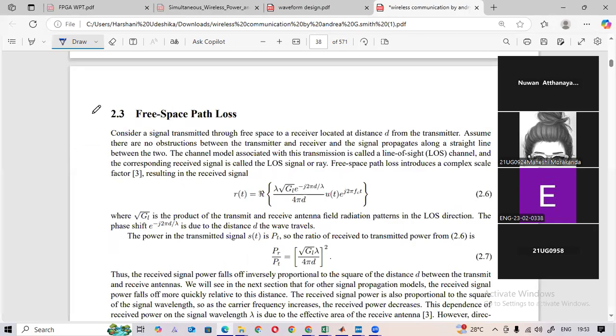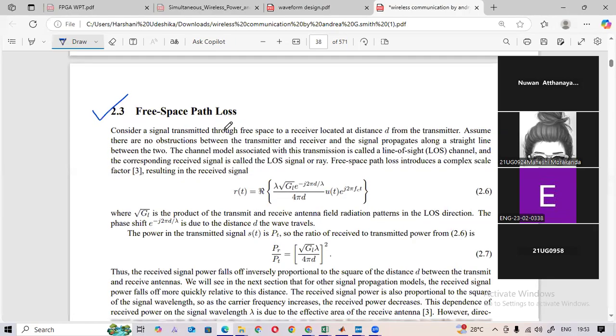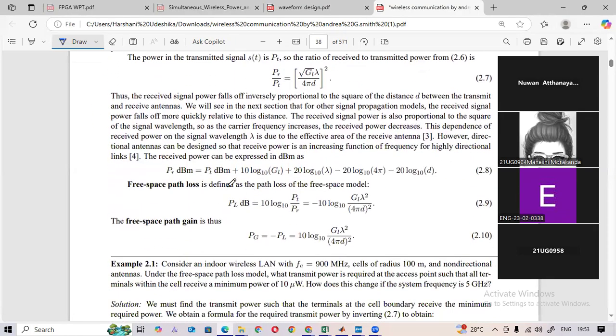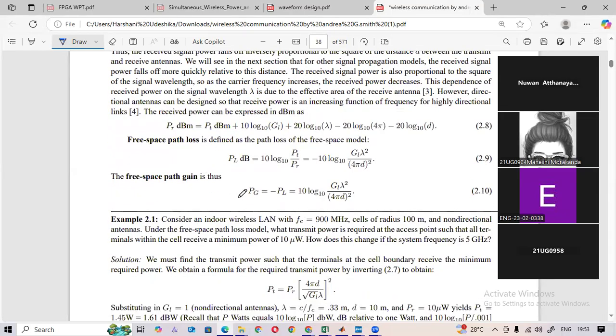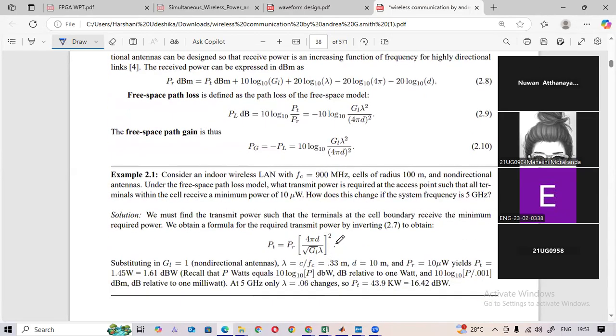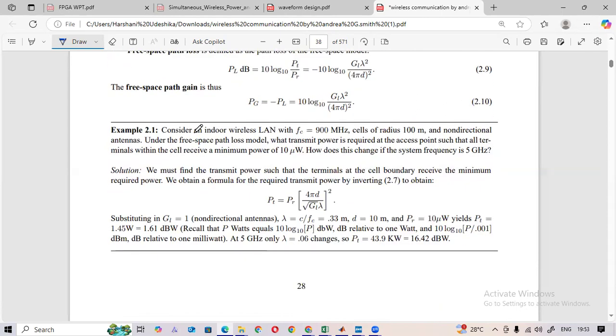Then you need to refresh your memory on path loss models, especially the free space path loss model. Maybe this kind of question you will have, so very easy. For example, just do this example. What you need to do is substitute all these values into this equation.